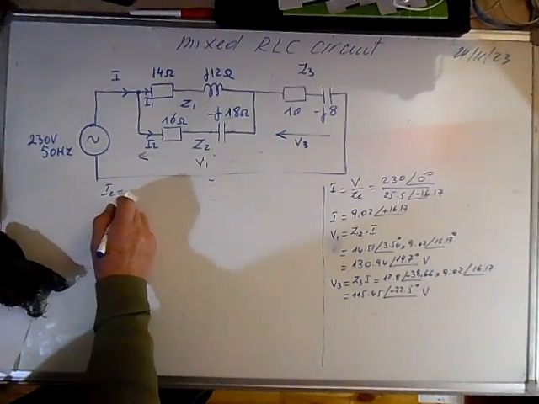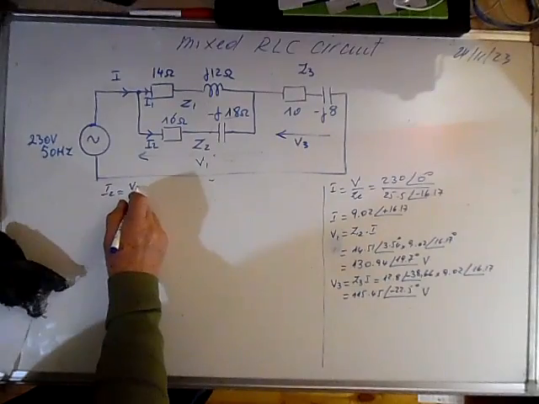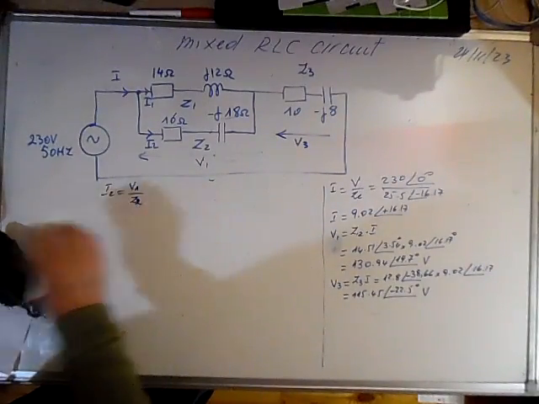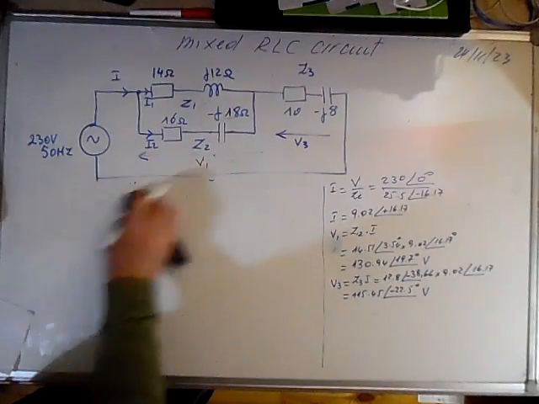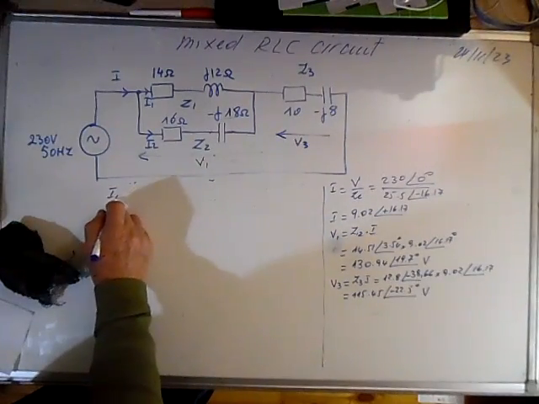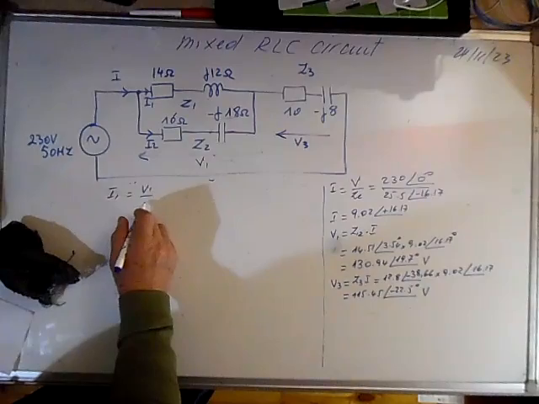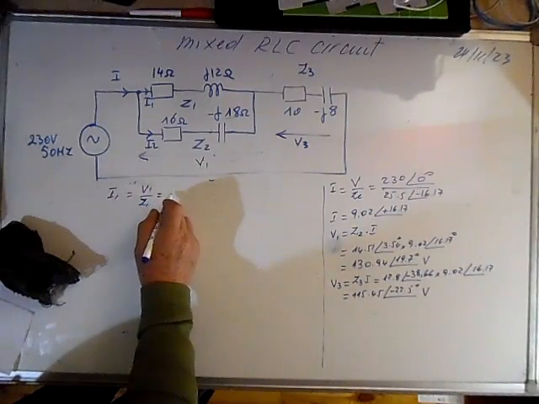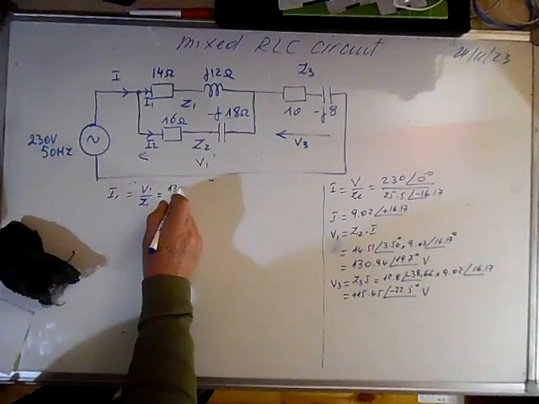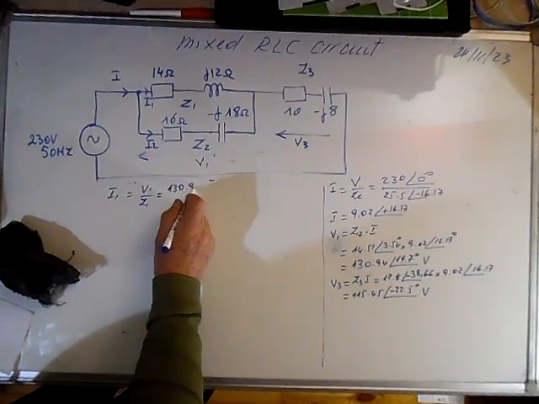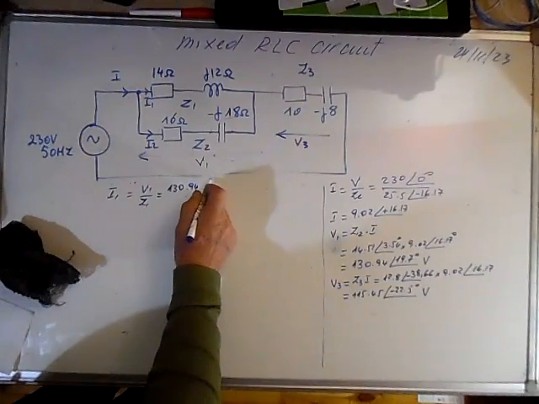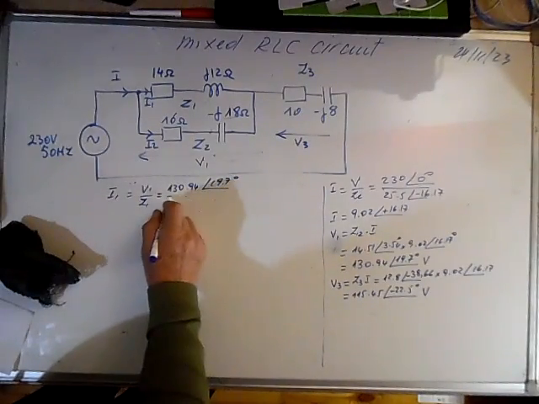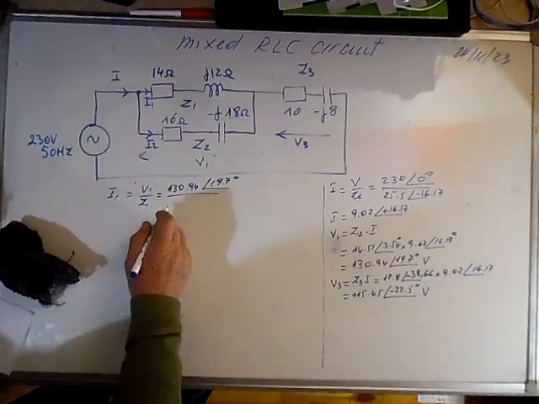Okay, from now we can calculate I2 and I1. I1 first. I1 is V1 over Z1. V1 is 130.94, 19.7 degrees, over Z1.